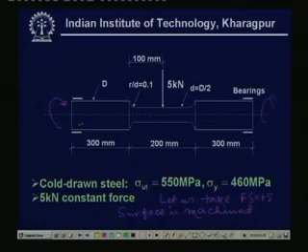And other data you can see: cold drawn steel, 5 kilonewton constant force, sigma ultimate 550 megapascal, sigma yield point 460 megapascals.